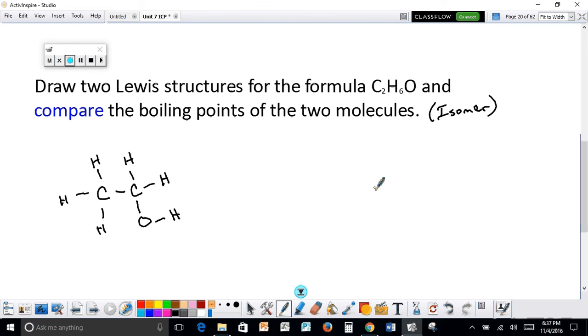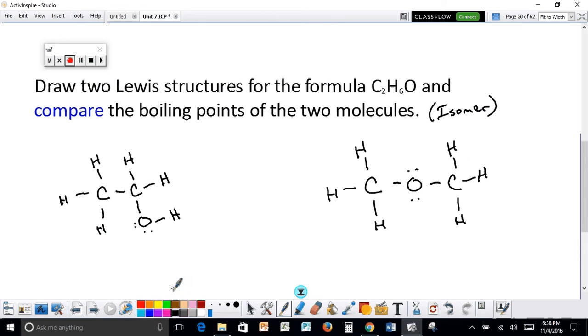and then the other version would be CO. All right, so what are the differences between these two?